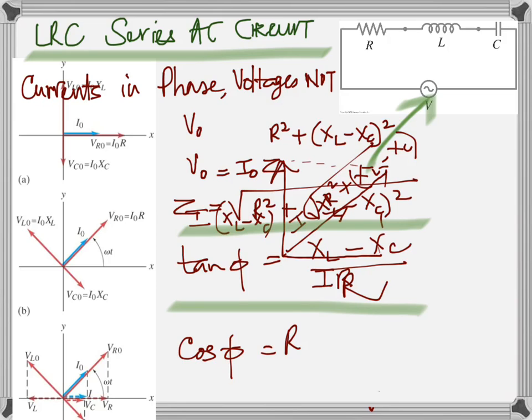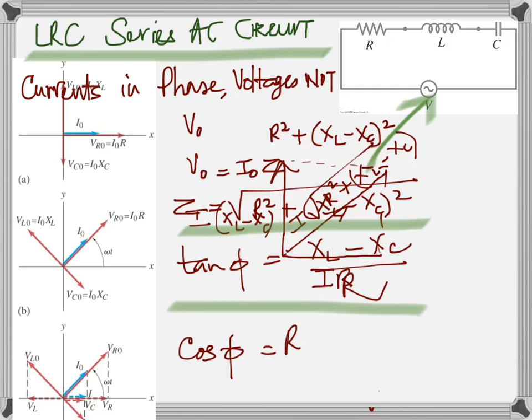But cos phi is important. I'll be explaining that a little bit later. But from the triangle, can you tell me what cos phi is? Cos phi is R over Z, isn't it? It's called the power factor. The explanation will come later on. So if you're asked to find the power factor, find cos phi.